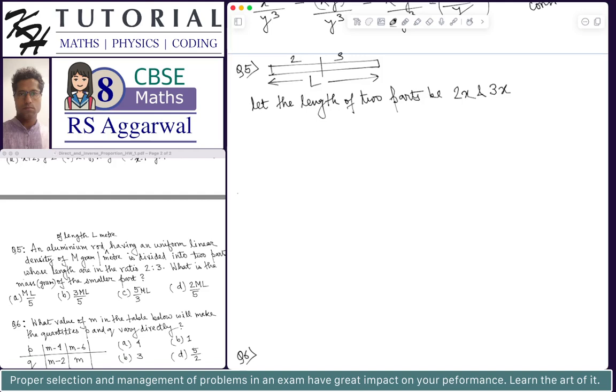So this is a side note based on ratio and proportion.